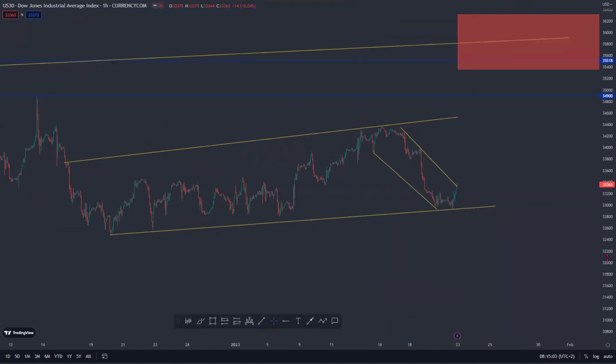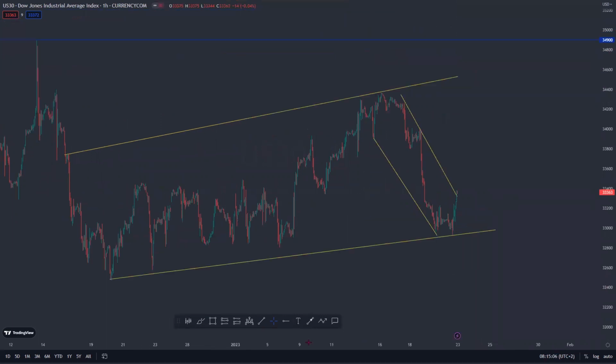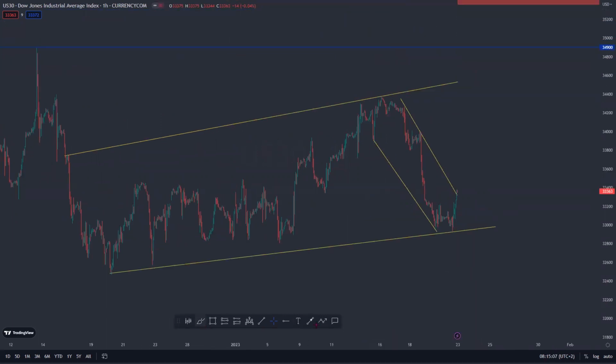So clearly we don't have to take our trade above this trend line or say it's going to retest or whatsoever. Most importantly, we have to wait for the market to give us a correction.